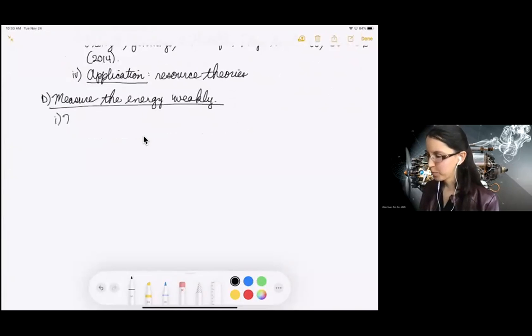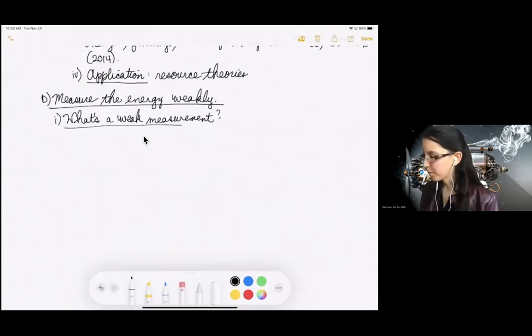What is a weak measurement? It's not a standard concept taught in undergraduate statistical mechanics classes, or even quantum mechanics classes, or even standard graduate quantum mechanics classes. What's a weak measurement? Well, what is a quantum measurement?